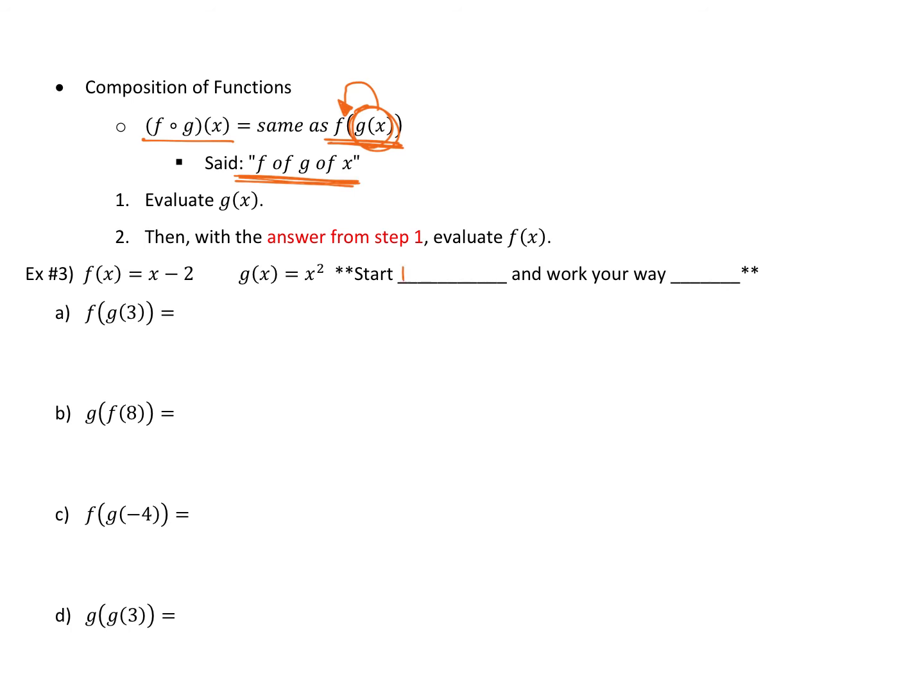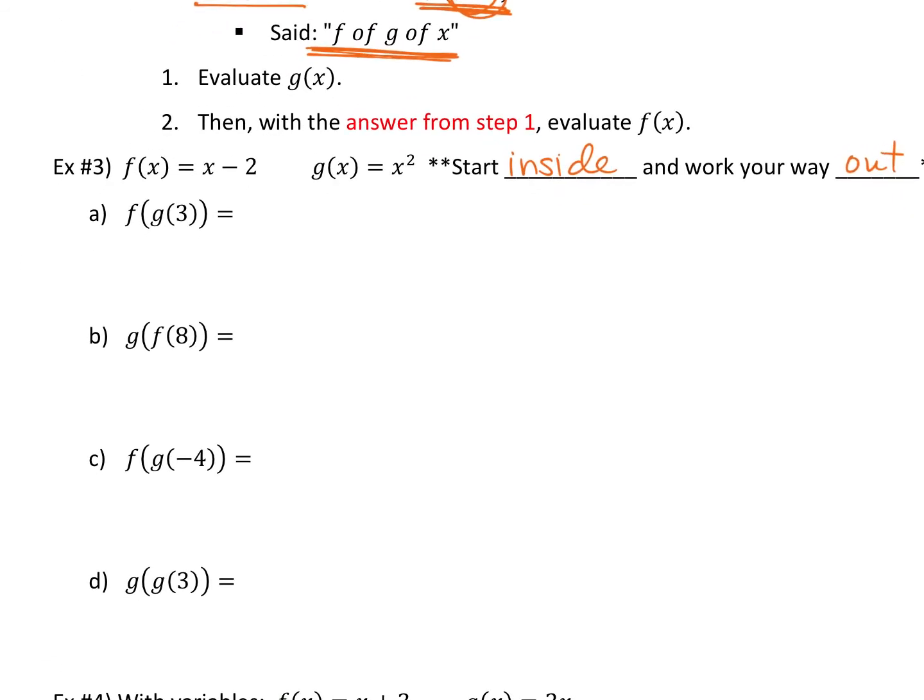If you want to make a little note, start inside and work your way out when you do these. So if you look at this first one, f of x is x minus 2, g of x is x squared. And what they're saying is evaluate f of g of 3. Okay, so here's what you do. You start here.